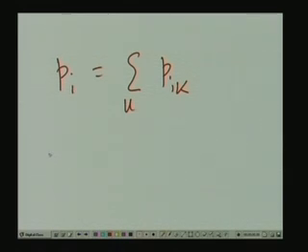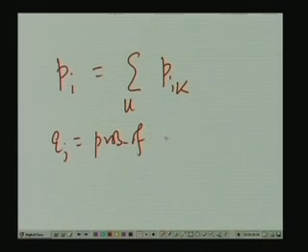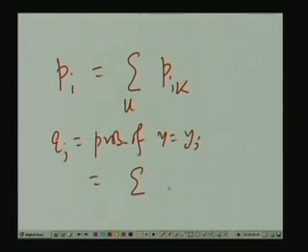If Qj is the corresponding probability of y equal to yj, this will be again equal to, Pi is the probability of x equal to xi, that is this summation. Pik is the joint probability, and here Qj is nothing but again Pij, but summed over i. This is pretty obvious.